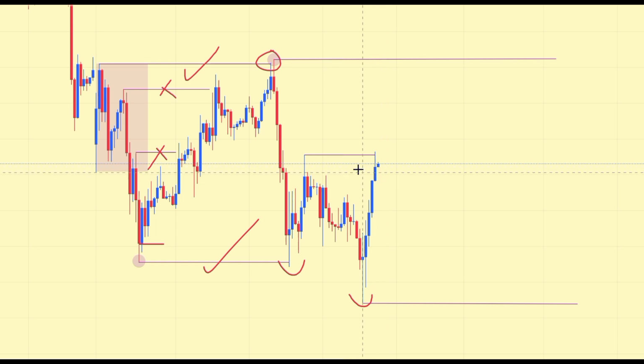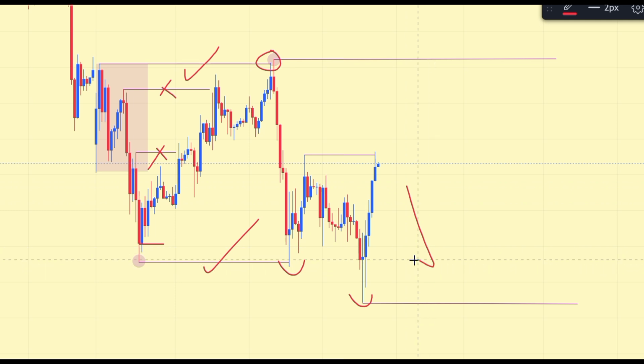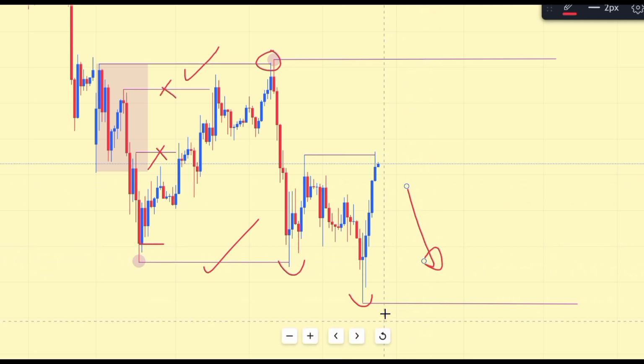Price has just swept the inducement, and this inducement is a core liquidity on the range. So if price grabs that and gives momentum that it's actually reversing, then there is a possibility that price will make that ultimate reversal, breaking the structure. And this one here will be a valid break of structure, and price will have made a new trading range.